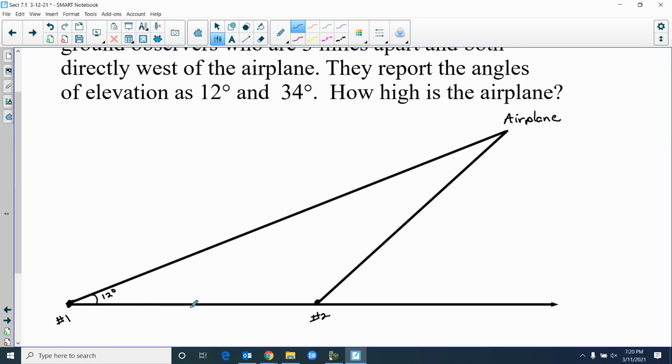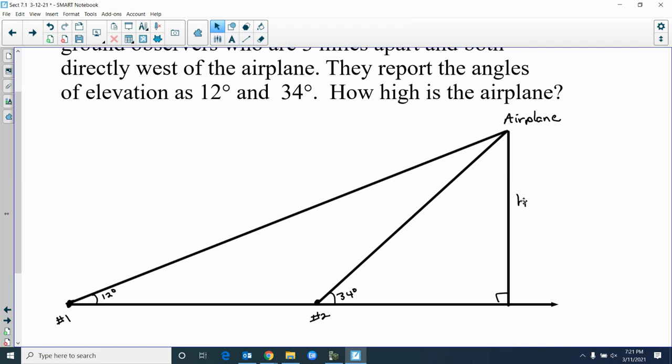And as that person keeps getting closer to the airplane, this is my second angle, the angle of elevation. That is 34 degrees. We want to know how high the plane is in the air. That will be that perpendicular distance. So then we got to find H.